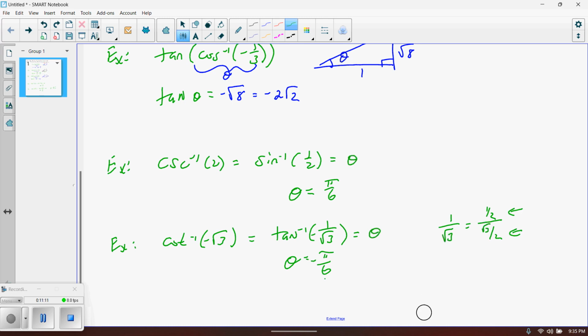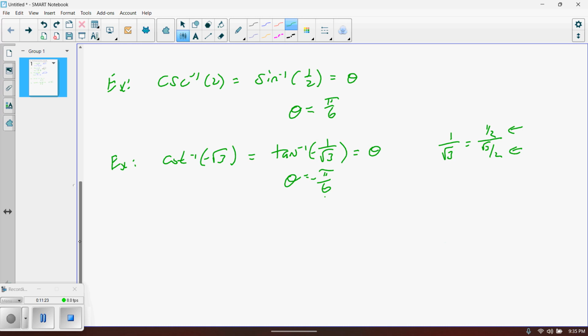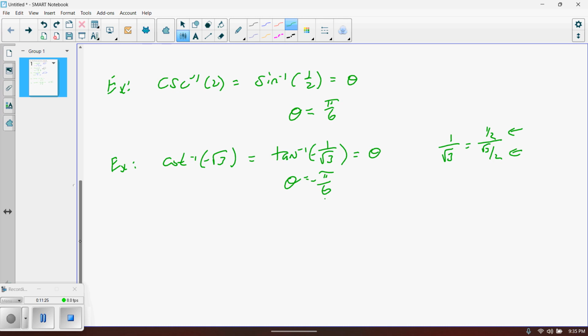All right, so the only other thing that I'm going to mention here is if you have to do something like this in a calculator to get a calculator value, some calculators actually do have these inverse trig functions for secant, cosecant, and cotangent. Most of them don't.